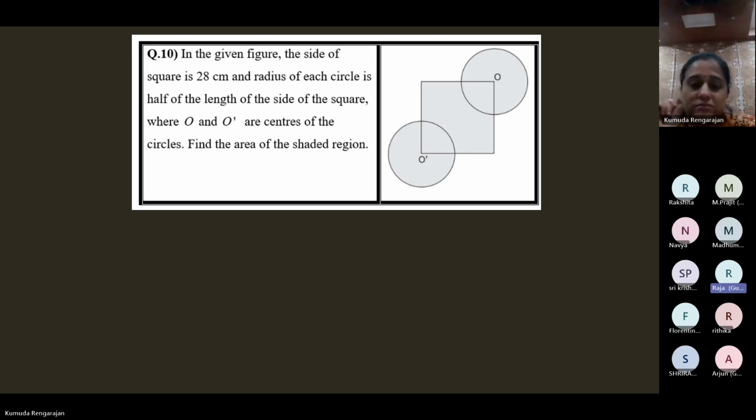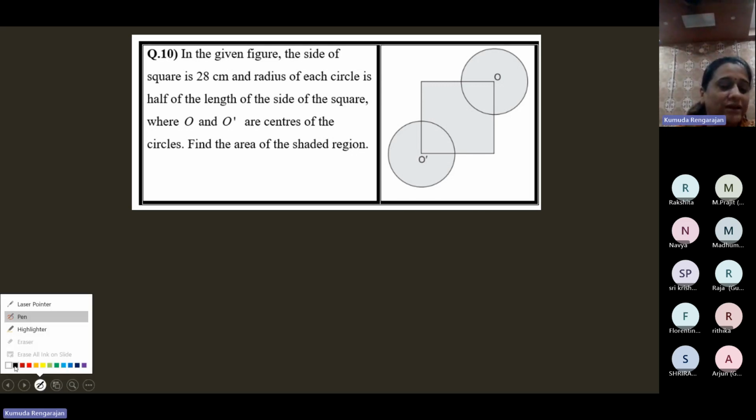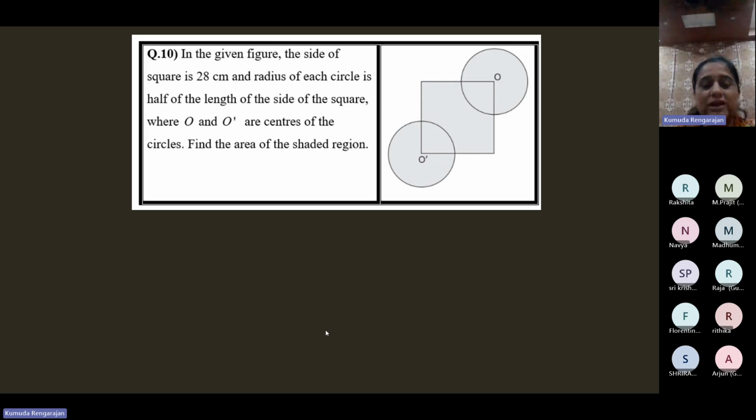Yes, ma'am. By using the major sectors. Yes, Raja. Yeah, I want that. Ma'am, by the major sectors of the circles and the area of the square. Very good, Raja. Navya, your idea was also good, but you can do it like this without subtracting.